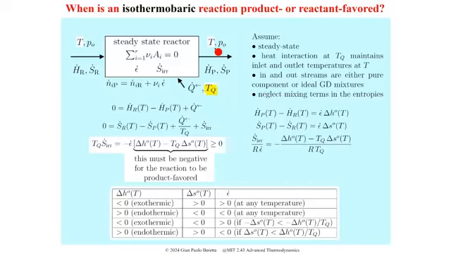And this is going to be done with the heat interaction at some temperature TQ. For this slide, this temperature of the reservoir is not necessarily the same temperature as the inlet and at which you want the reactor to operate. Okay, we do our energy balance and our entropy balance. We combine them by eliminating Q dot.